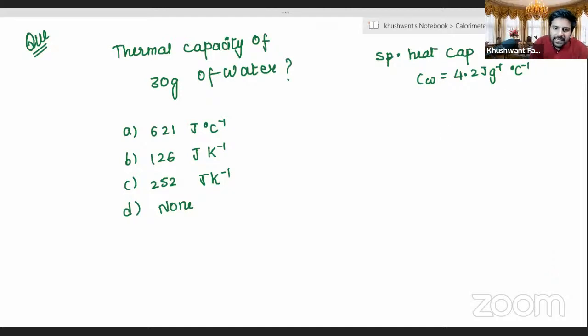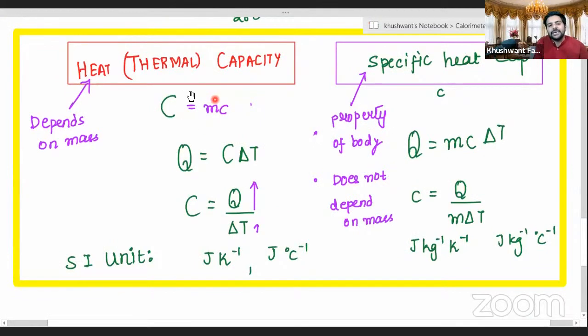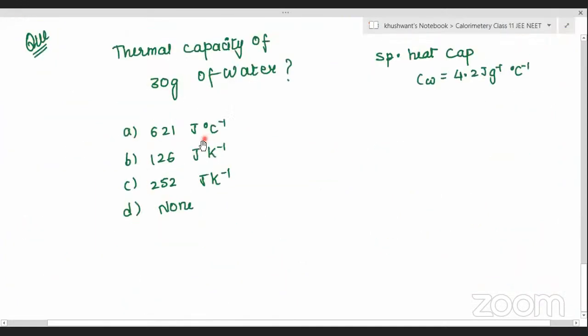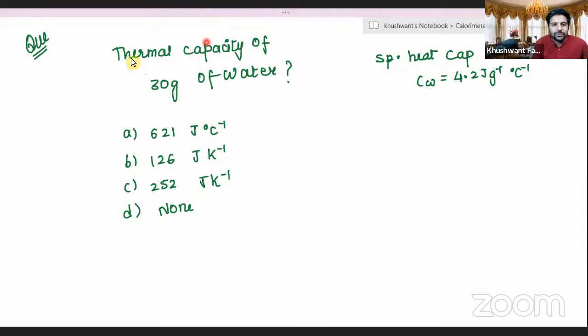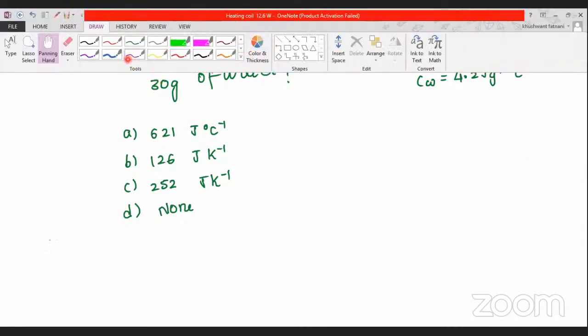Let's solve this along with Vasu. Vasu, tell me what's the relationship between thermal capacity and specific heat capacity? Capital C is equal to M into small c. So let's substitute the values.